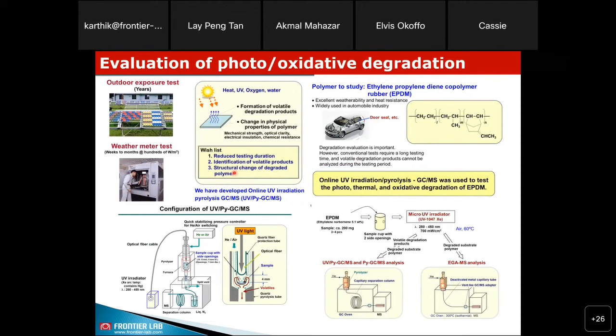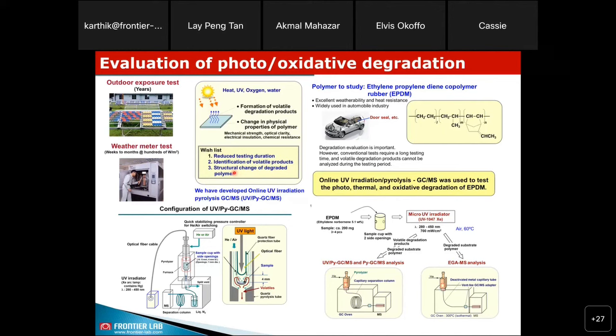Now you know that a car is exposed to weathering and different temperatures when kept outside, exposed to sunlight. So definitely the durability of this material is important.